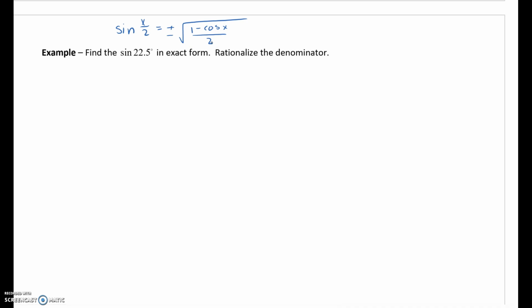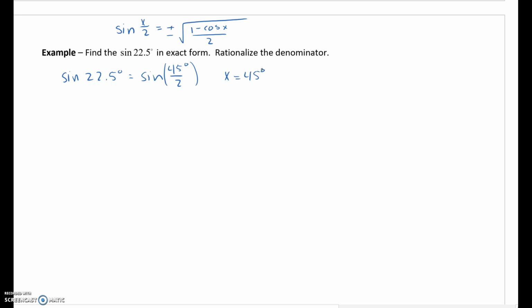So the sine of 22.5 is the same as the sine of 45 over 2, right? So 45 over 2 is 22.5. So we're going to use this half angle formula, letting x equal 45 degrees.